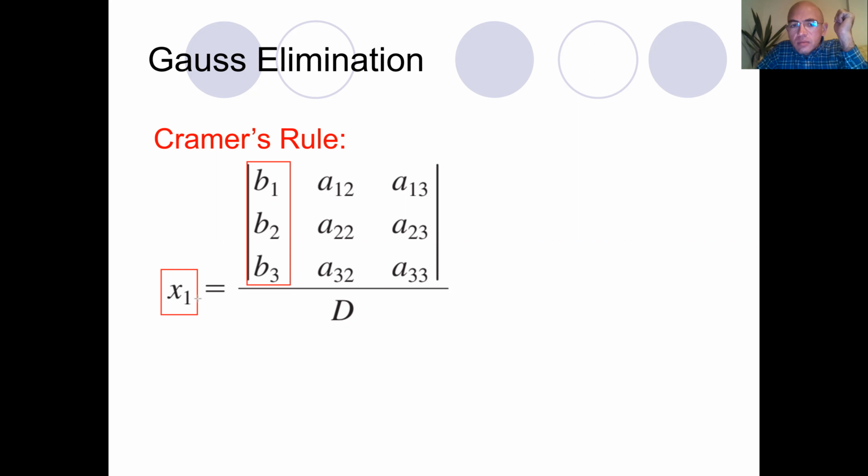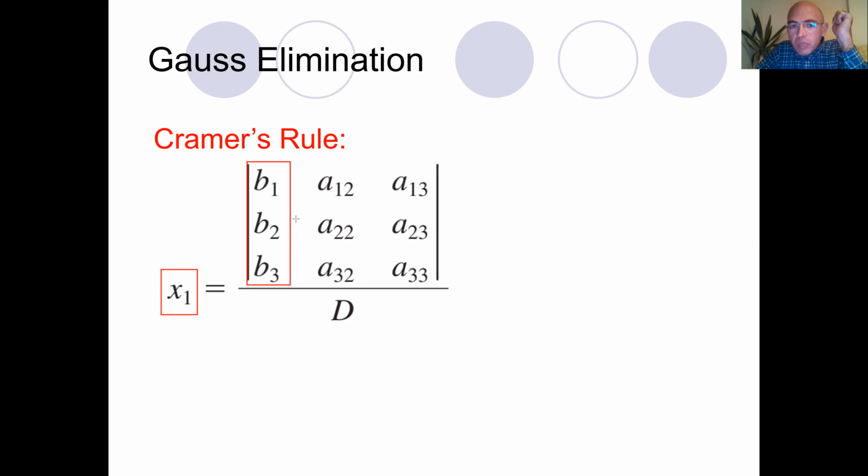In this case, since we choose to calculate the value of x1, it is the first column, we replace the first column with the right hand side of the equation, values in the first right hand side of the equation.